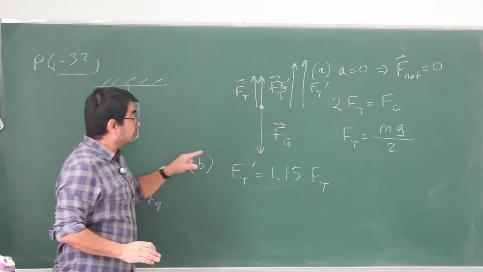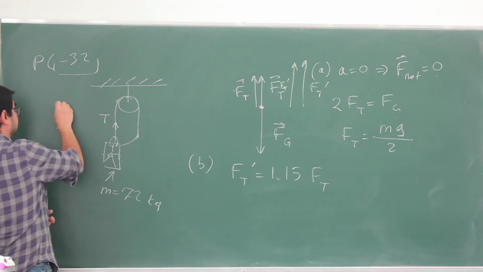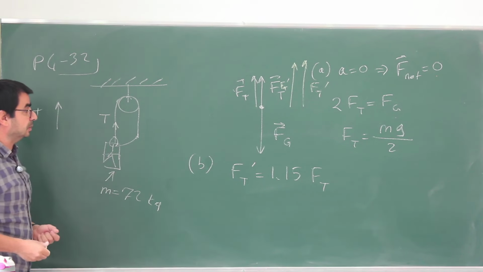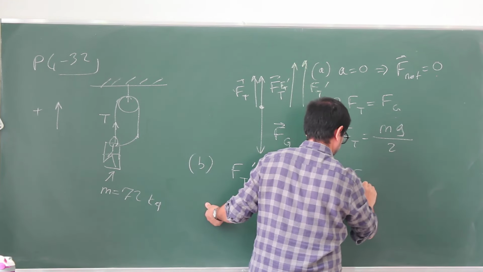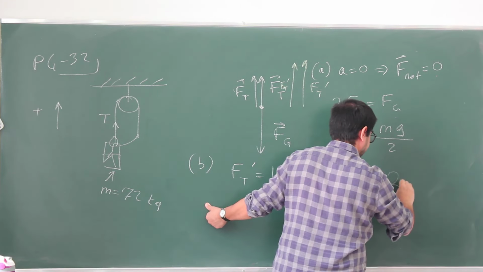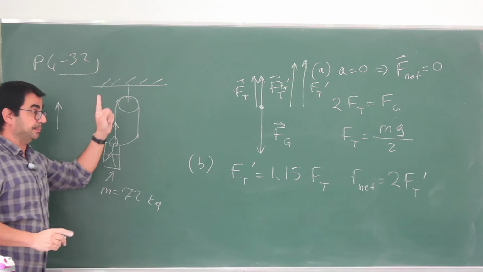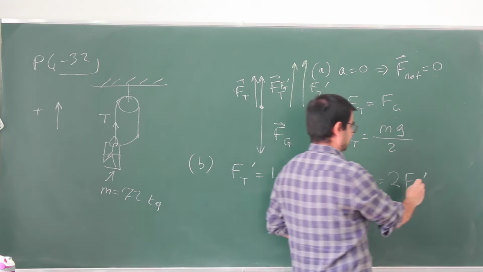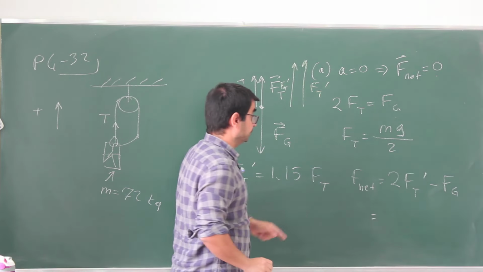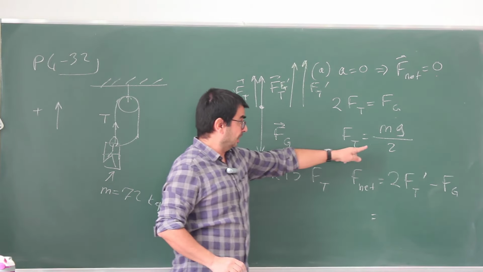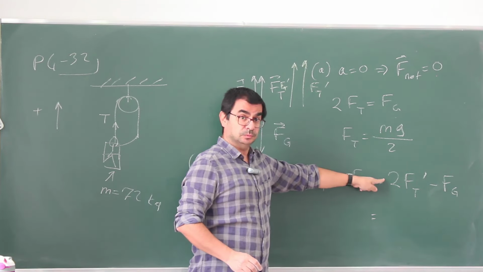So the total force on the system, if we choose up as positive, we have to choose some direction as positive, is going to be F net, twice Ft prime, positive because I chose up as positive, minus Fg. And I can easily write this. This is 1.15 times this times 2. Okay, 2 times 2.